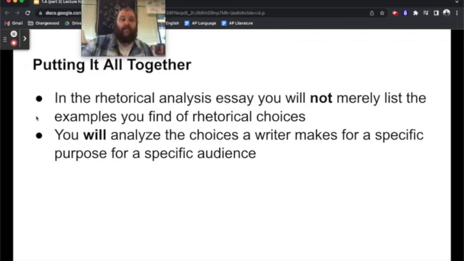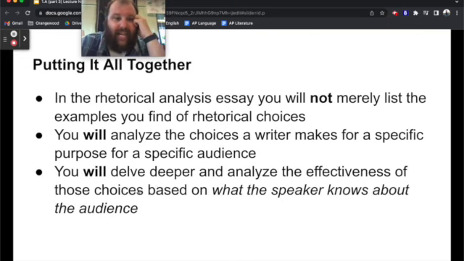No, it's, the author repeats this phrase in order to do this, right? So it's going that extra mile and actually analyzing, right? It's delving deeper and analyzing the effectiveness of those choices based on what the speaker knows about the audience.